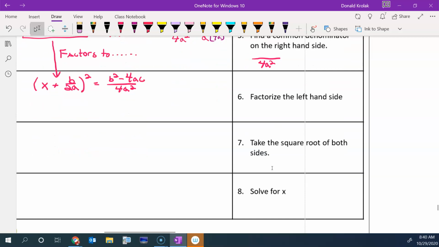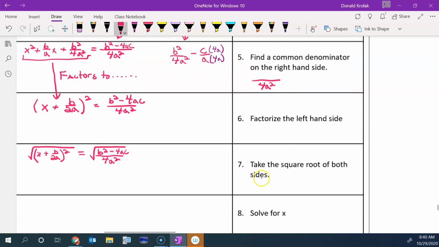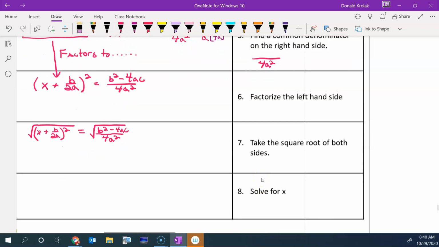Now we're going to take the square root of both sides. Over here, I'm going to have the square root of the left side equals the square root of the right side. Now we simplify this.